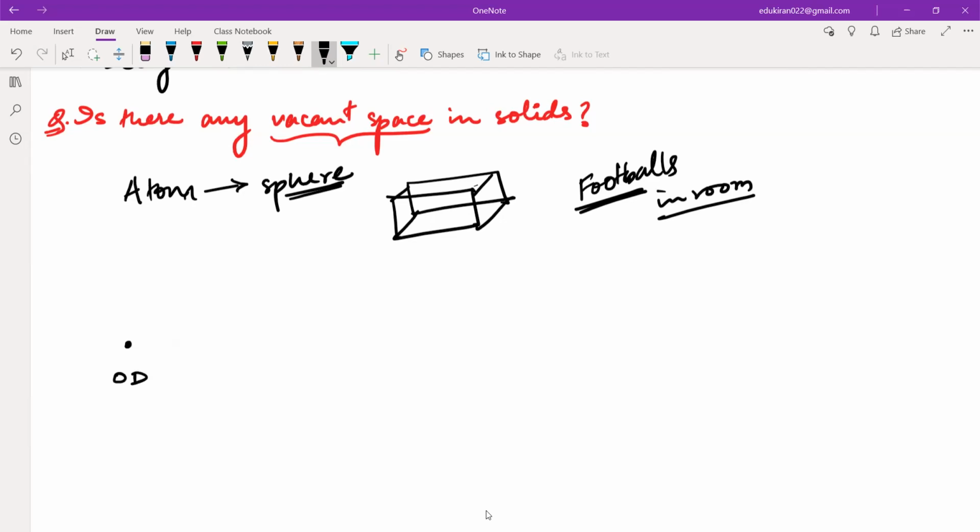It neither has length, width, nor height. But if I take two objects of zero dimension and join them, I get a 1D object. Yes or no? Yes, sir. Now, if I take two 1D objects and join them.